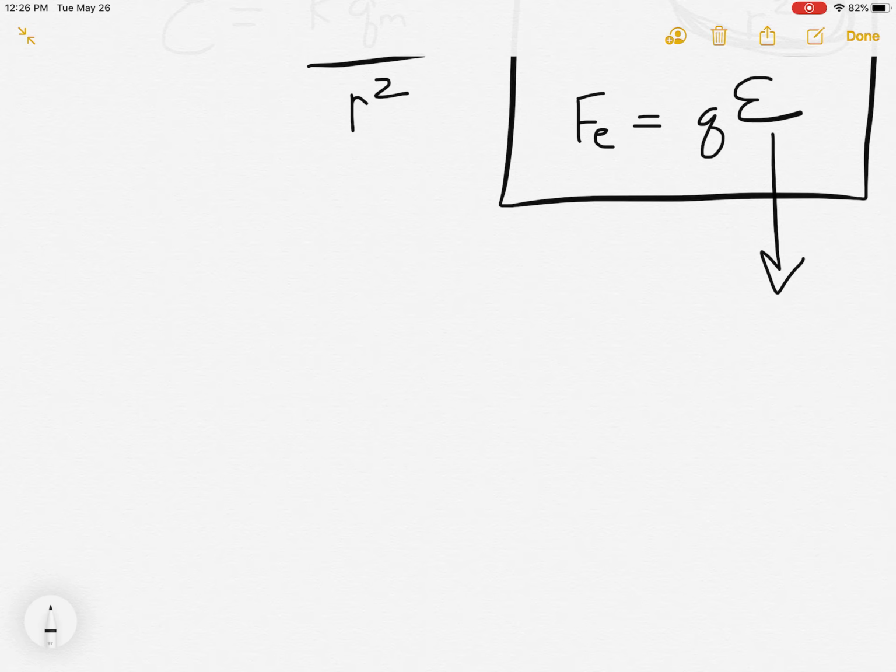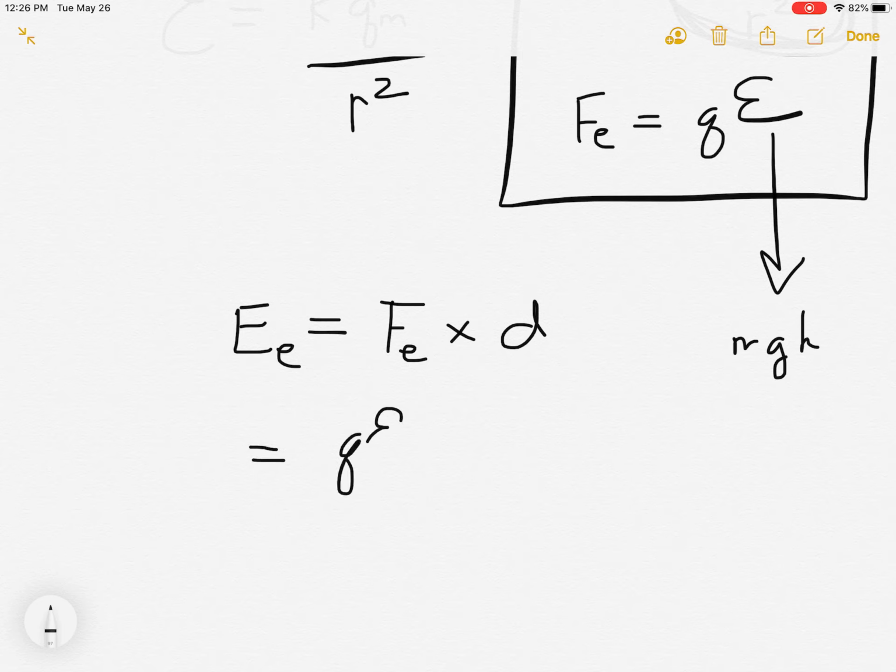If that were the case, we could then take the equation for energy and we could say that electrical energy equals the electrical force times the distance that you would move, right? Force times distance. So just like gravity is force of gravity times distance, force of gravity was mg and then distance was h.